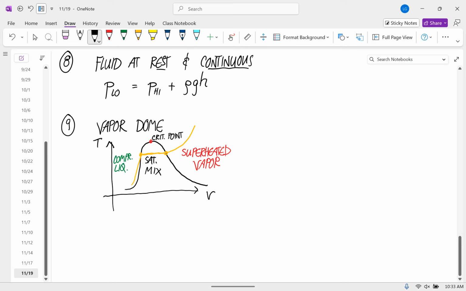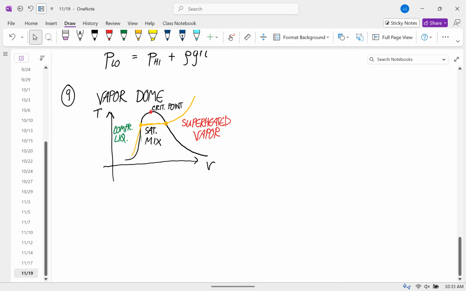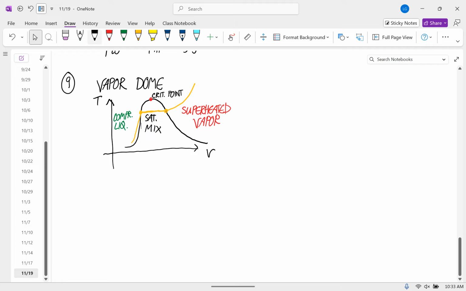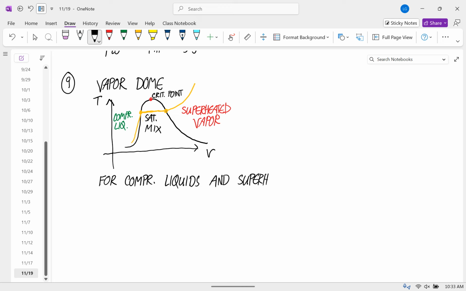And inside the vapor dome, before I say that, let me say, for compressed liquids and superheated vapors, you need two properties to look up the other ones.